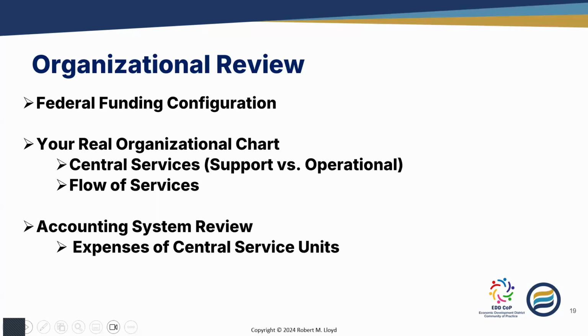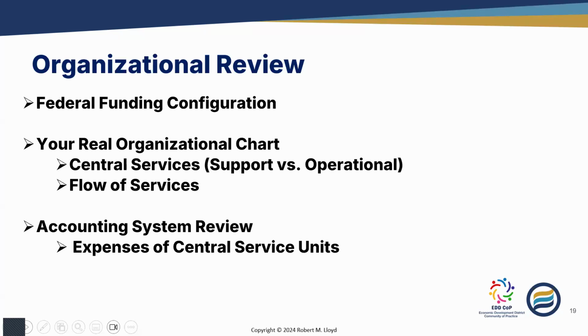Organizational review: where within your organization are the federal funding configurations? Are there units within your organization that do not receive and administer federal funds? Those organizational units still need to pick up their fair share of your organization's indirect costs. Your real organization chart, focusing on those central services that are supports in nature versus those that are operational.